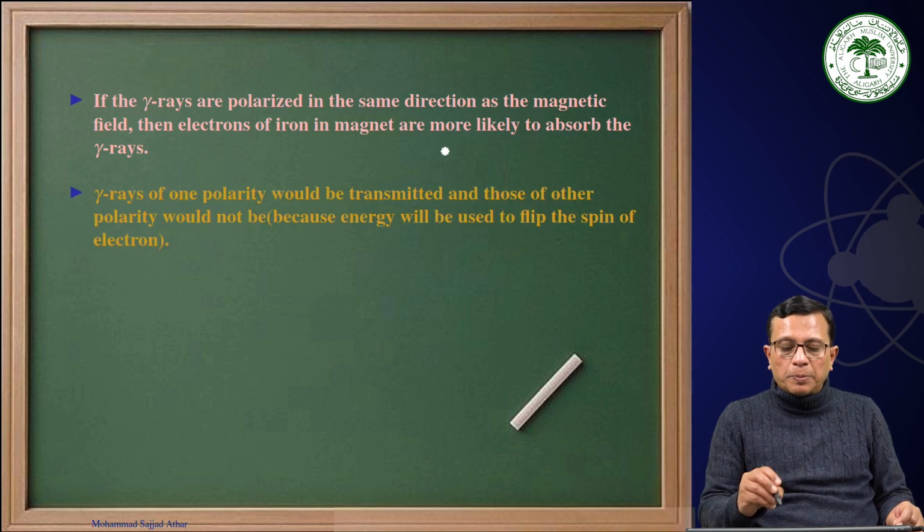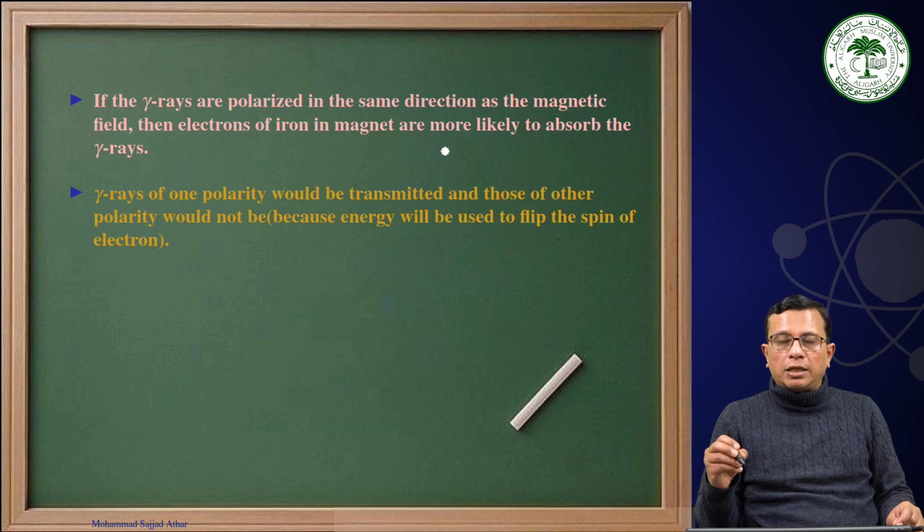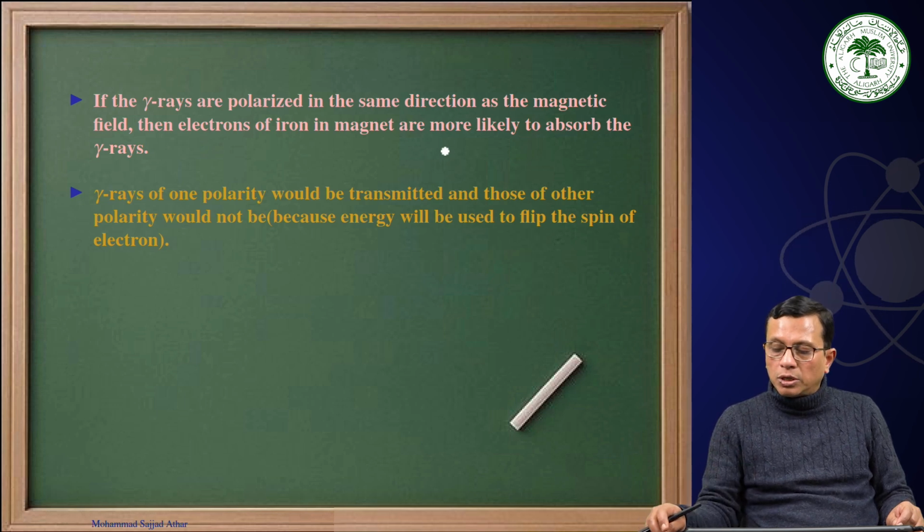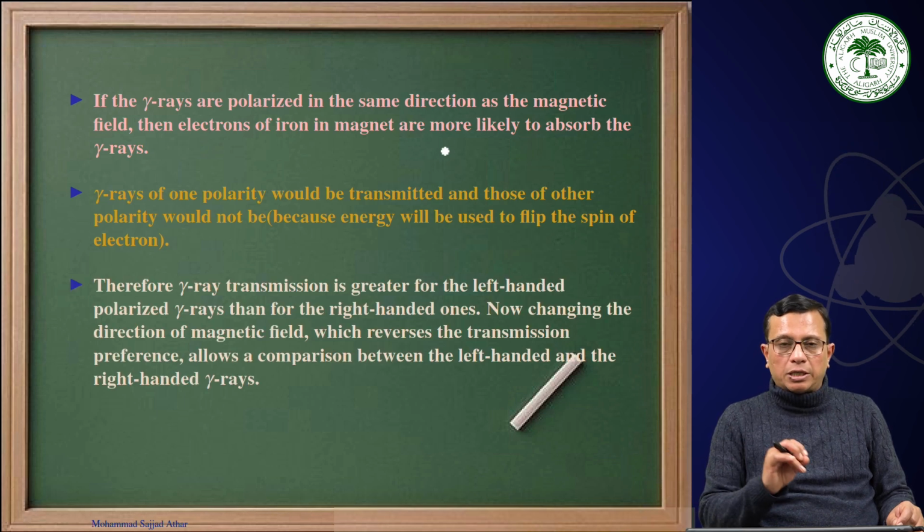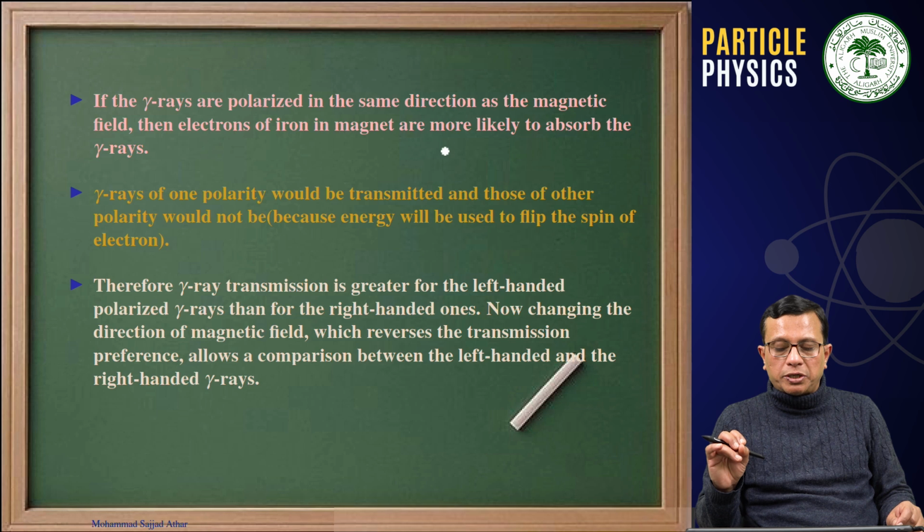Therefore, gamma rays of one polarity would be transmitted, and those of the other polarity would not be, because the energy will be used to flip the spin of the electron. Gamma ray transmission is greater for the left-handed polarized photons than for the right-handed ones.